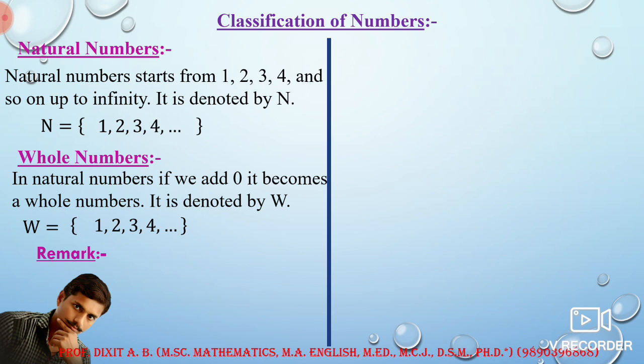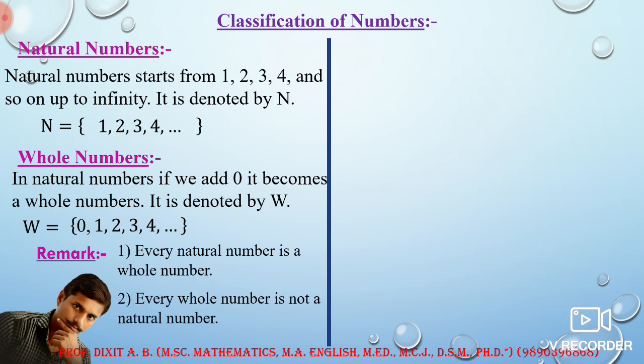So here is my first remark: every natural number is a whole number. For the second remark, 0 is included in W but not included in N. So every whole number is not a natural number.